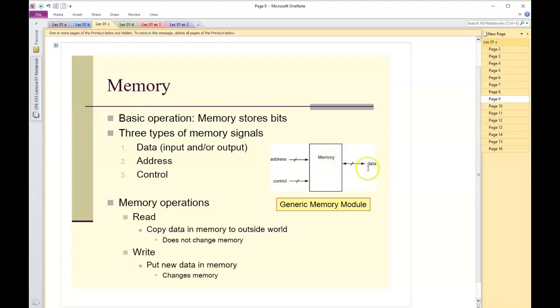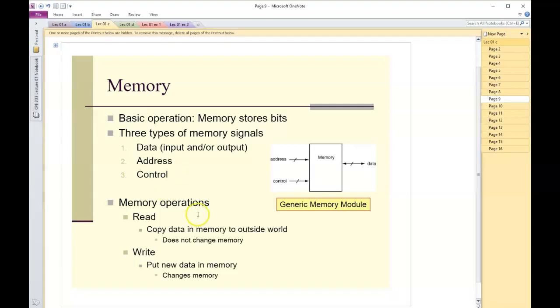This is the bidirectional line. I need to be able to specify which data I need to put in, or where I need to put it, or where I need to grab it from, so it has an address. Essentially that's analogous to an index in a programming language. Also, it's actually hardware, so I'm going to have some control signals here to help me access the data.